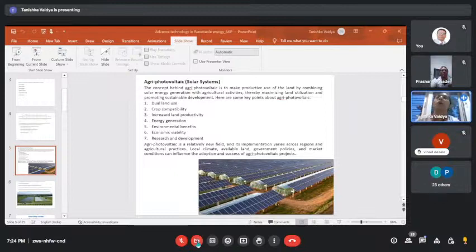So the benefits: all of us know that the wind is free of cost, it is available, and it is a clean source of energy. There are very few drawbacks, but there are some. Where wind energy systems are installed, they make very much noise.